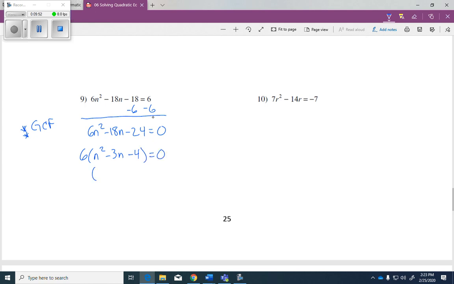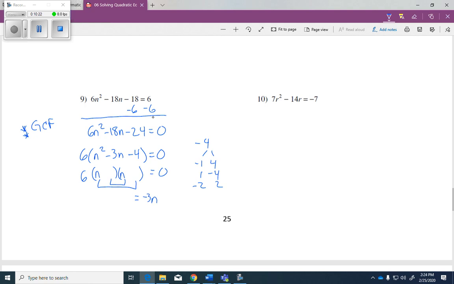This is a trinomial that can be written as the product of two binomials. So n squared will break apart to n times n. Things that multiply to be a negative 4 would be like a negative 1 and a 4, or a positive 1 and a negative 4, or a negative 2 and a 2. I need my outers and my inners to equal negative 3n.